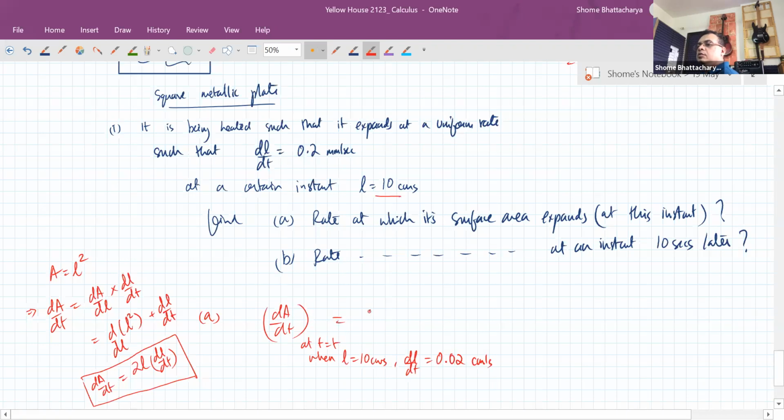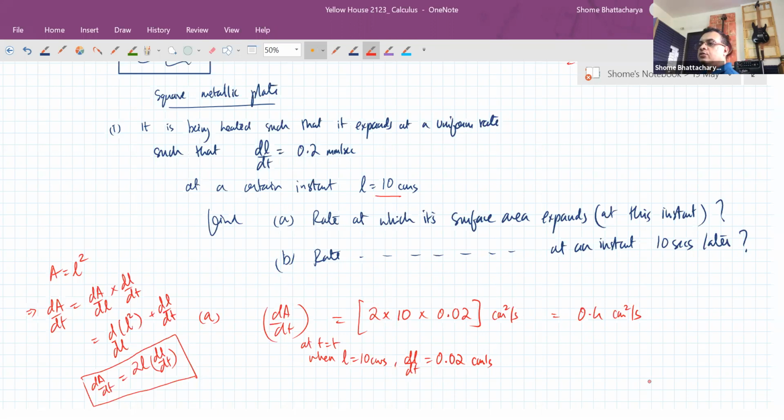So that will become... that's why I said you have to be careful about the unit. You can of course express this in millimeter square per second also.